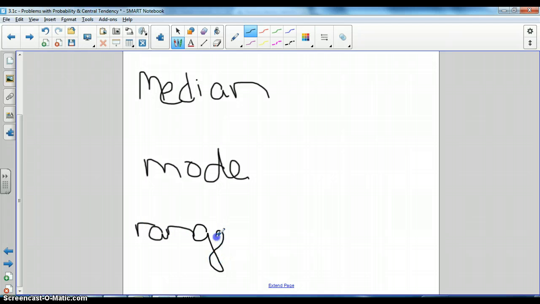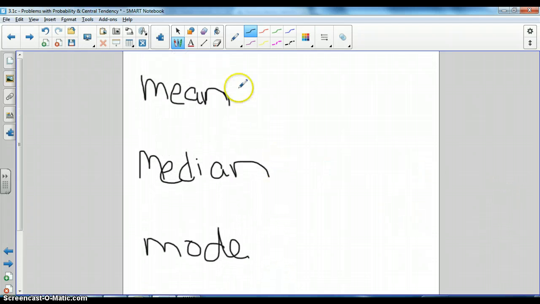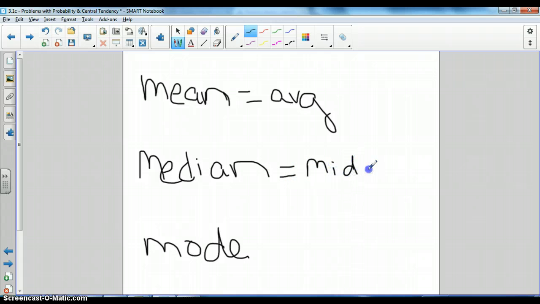Okay, so these are things you probably had to remember last year. So mean just means the average. You're going to add up all the numbers given and then divide by the number of numbers you were given. Median is middle. Remember we talked about that in the box and whiskers plots.